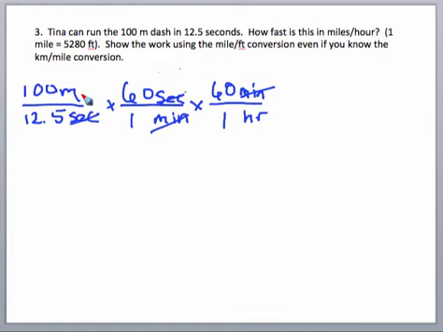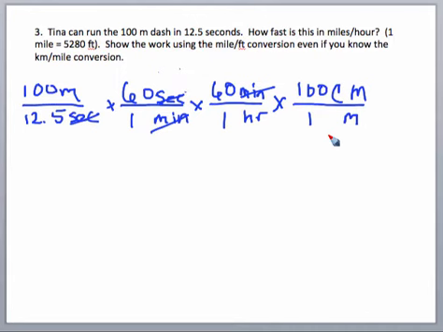Well, we don't want meters, we want miles. So we need to convert meters. We're going to put that in the denominator. Now I don't know what the conversion from meters to miles is, but I do know that there are 100 centimeters in 1 meter.